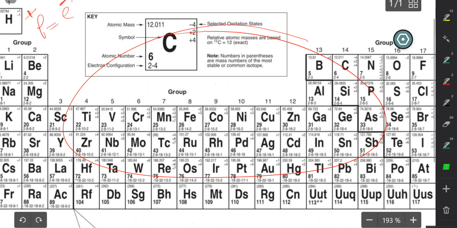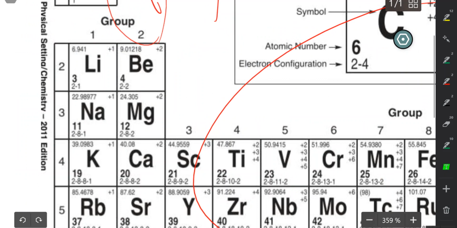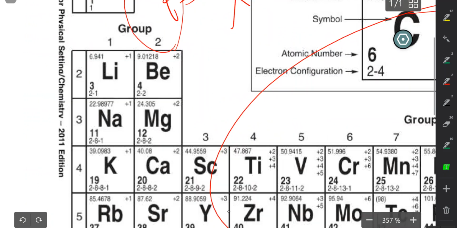Electrons are negative, protons are positive, hence why they're neutral. Now if metals lose electrons, they lose that negative charge and they become more positive. So let's take a look. For example, lithium. Lithium has 3 electrons. If it has 3 electrons, it has 3 negative charges, therefore it must have 3 positive protons.